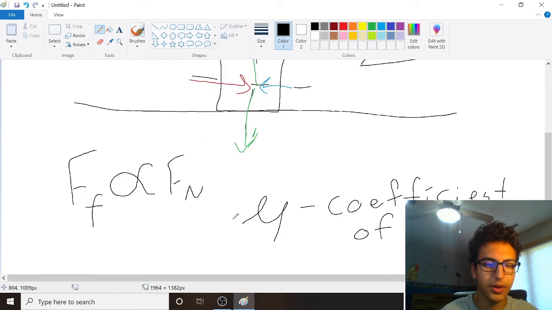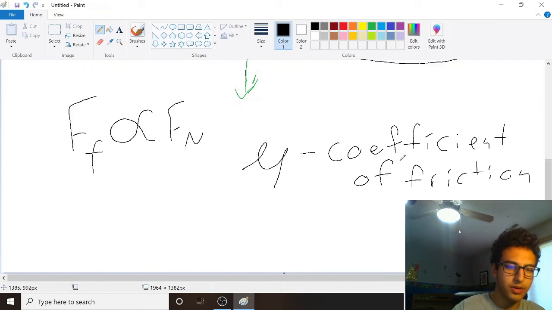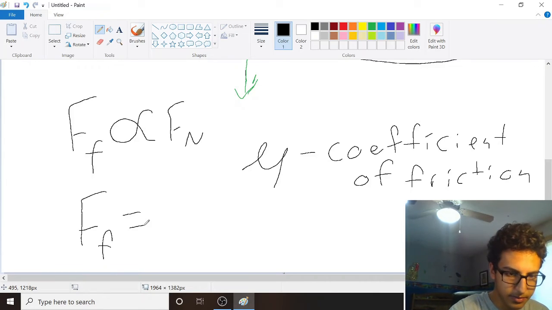Okay, and if we know that, we know it's linearly proportional, so what can we say? The magnitude and the direction of the frictional force is equal to mu times normal force.